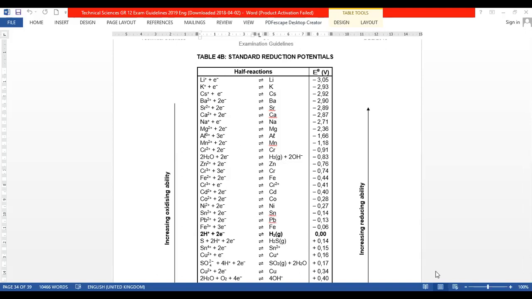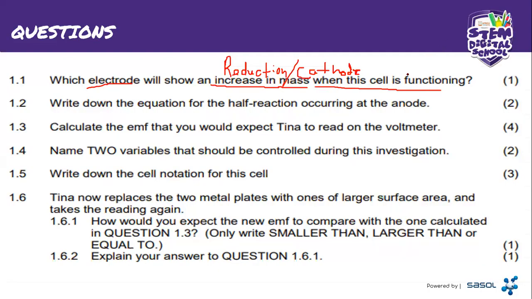Right. There we go. So our answer there must be the Pb electrode altogether. Right. Because they said Zn and Pb, I think any of these two will be correct. In fact, any of those will be correct.